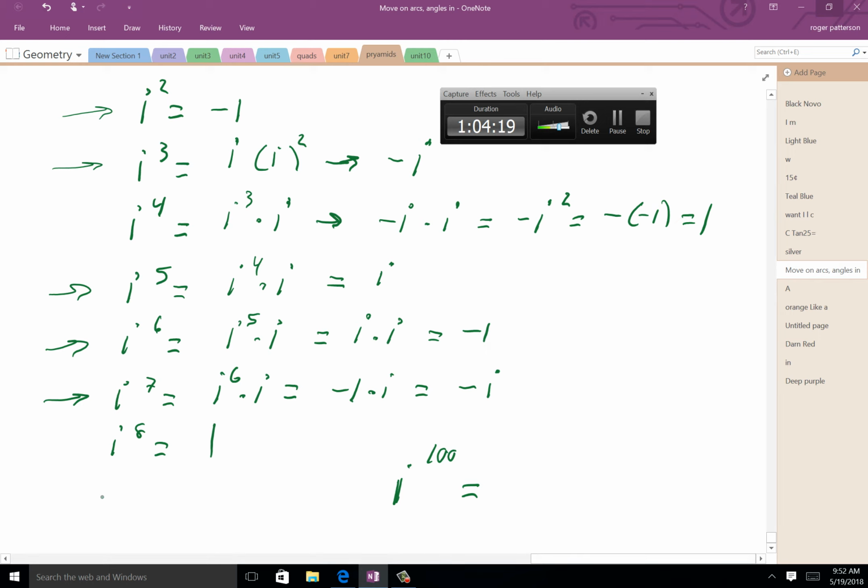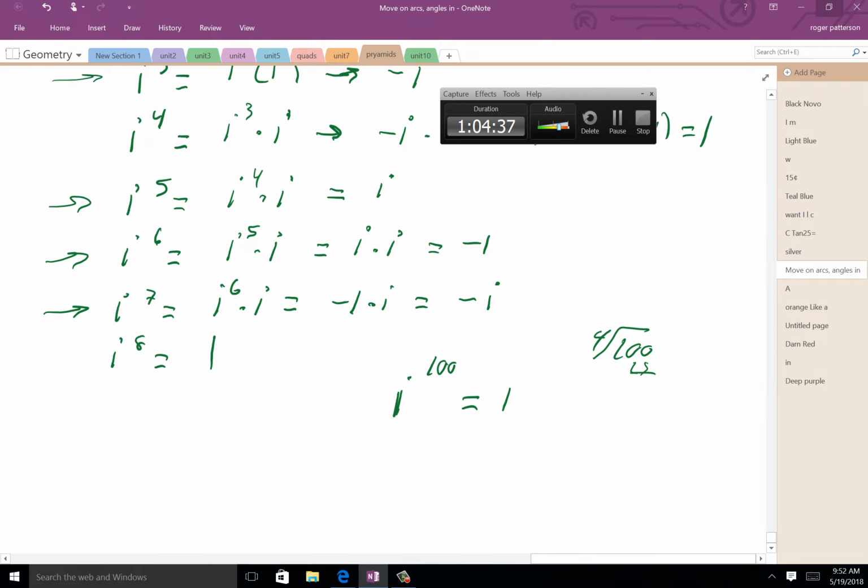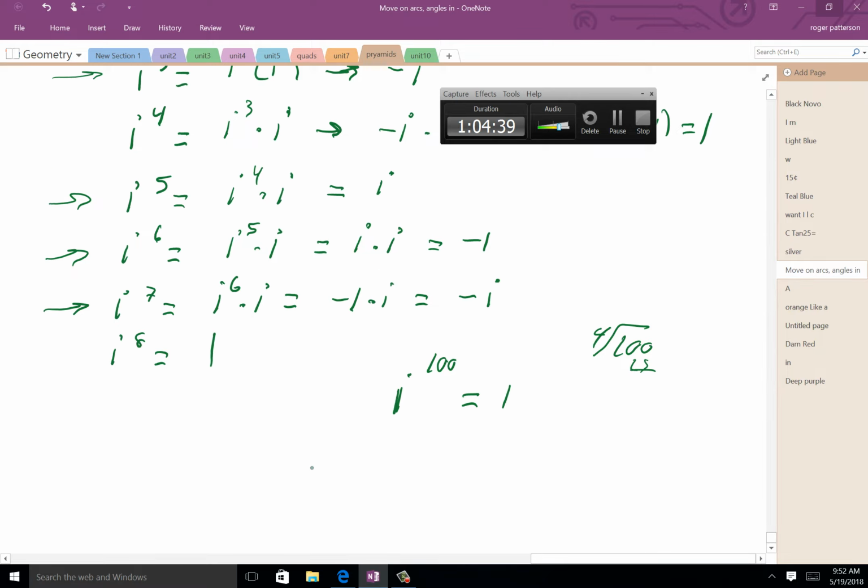Yeah, it repeats, it goes back to 1. Since 100 is divisible by 4 evenly, I know that this is just going to be 1. So i to the 4th goes in there. I don't even have to know, I can just know how that works.